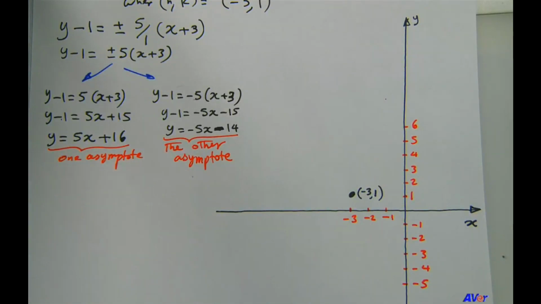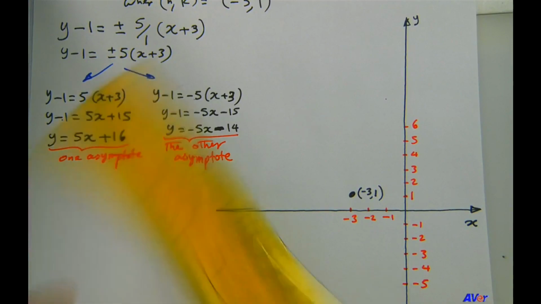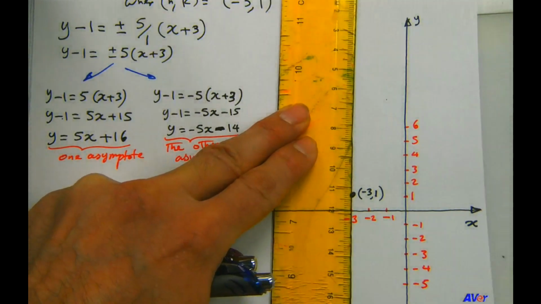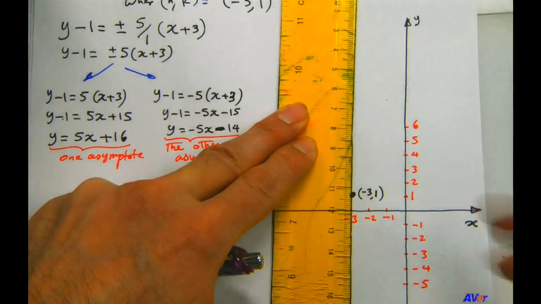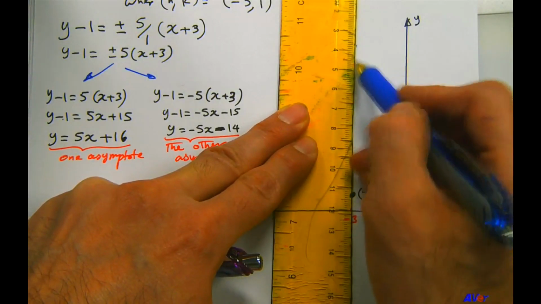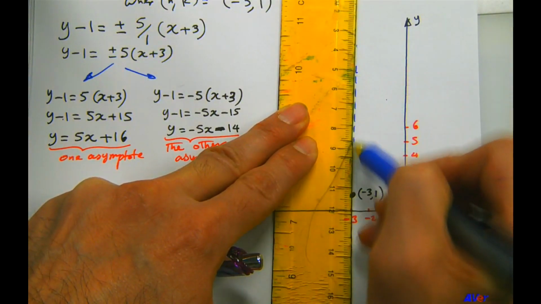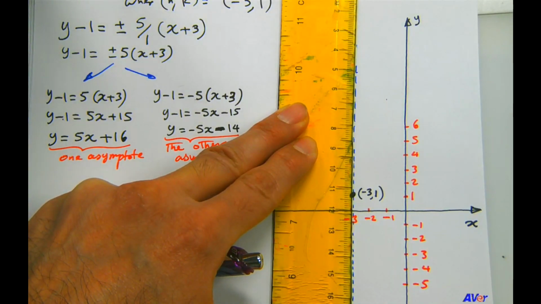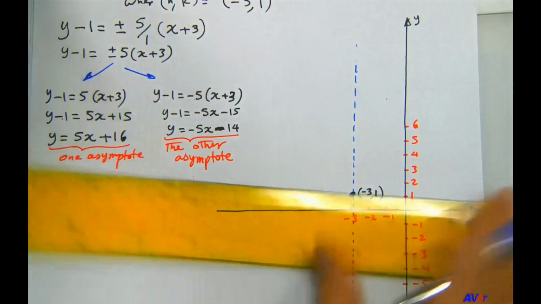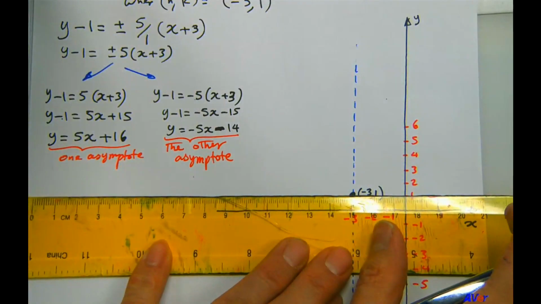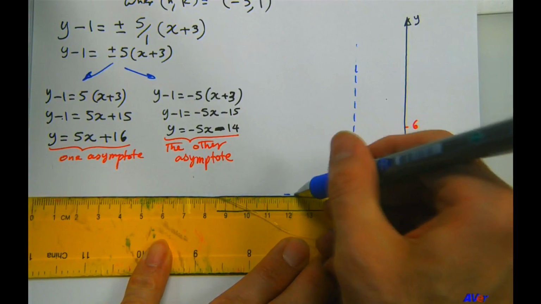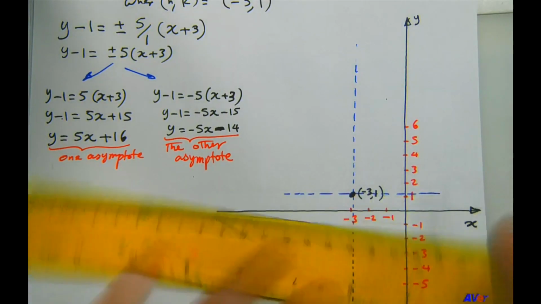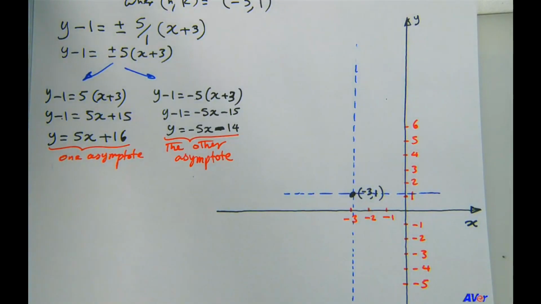So the A and B, this is a vertical hyperbola, so the vertices are going to be along this vertical line that goes through the center, like that. And of course, to draw my central box, I'm going to draw a horizontal dashed line right through the center as well. So it makes it easier for me to find B.